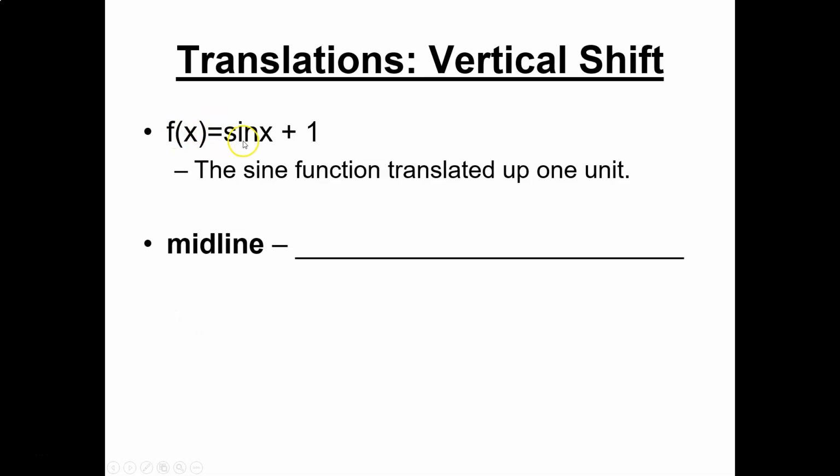All right, so vertical shifts. If I have something like f of x equals sine x plus 1, that's our general sine function that we just graphed, and it shifts everything up 1. Whenever we do that, there's an important part of trig functions that we need to know how to talk about, and that is called the midline. The midline is what it sounds like.